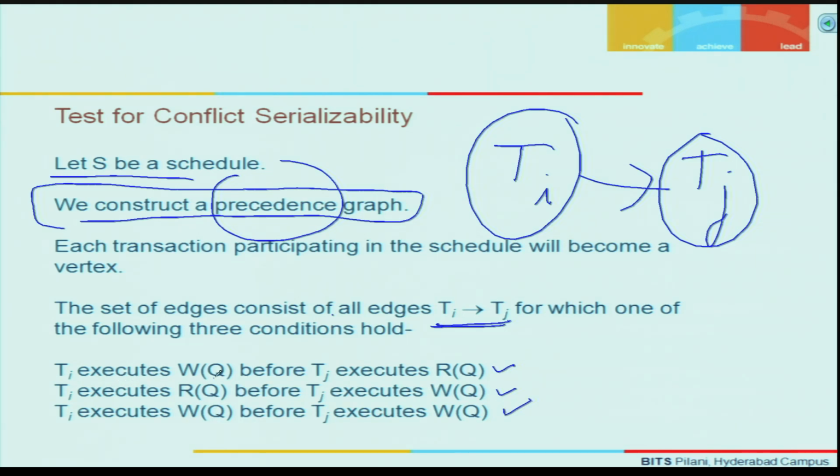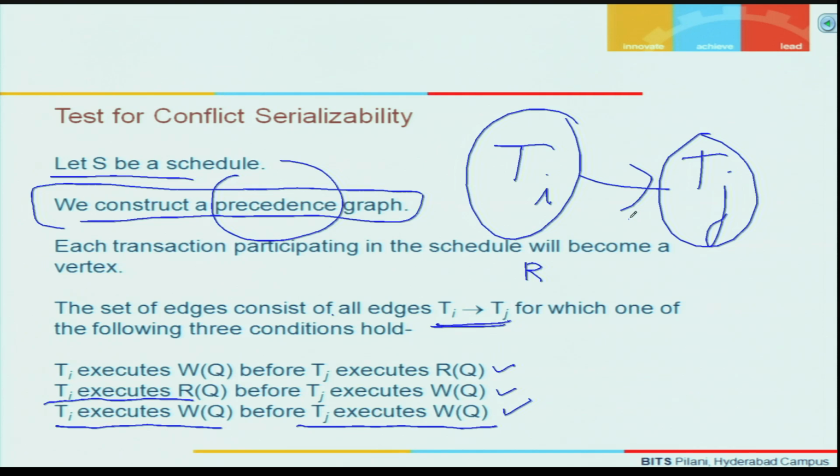Ti executes write on data item Q before Tj executes read on the same data item Q; or Ti executes read on data item Q before Tj executes write on Q; or Ti executes write on Q before Tj executes write on Q. That is, if Ti is reading or writing something on the same data item before Tj does, then I can introduce an edge from Ti to Tj in the precedence graph.